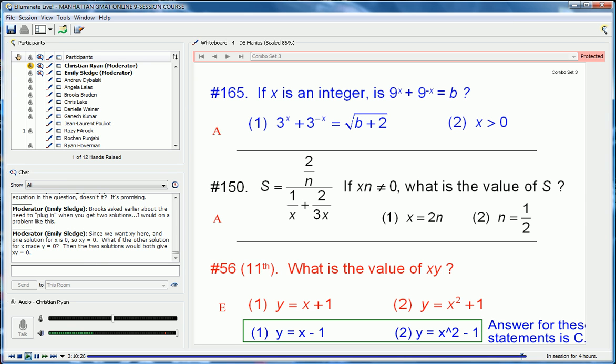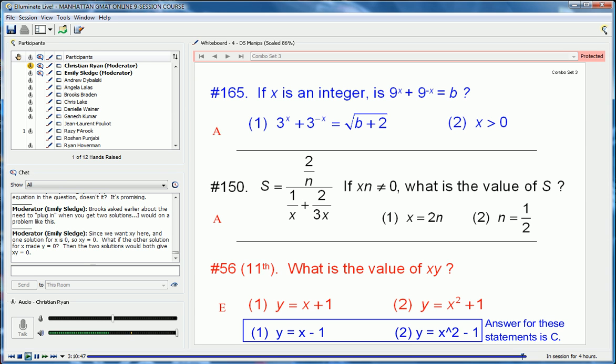The questions are in order of difficulty according to the GMAT. So the highest level questions in the OG, I would say, are 700 level, even higher 700 level.